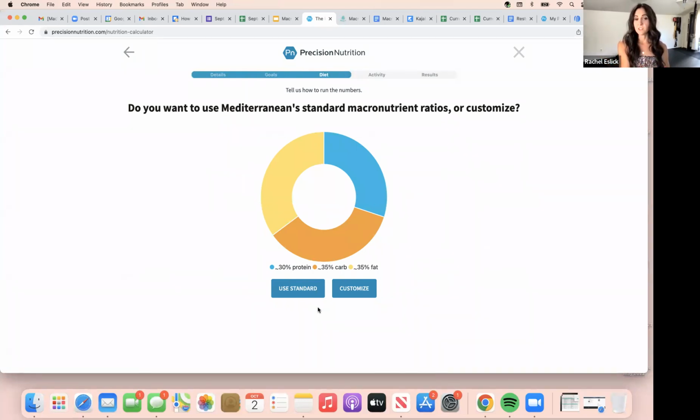If someone was going to select vegetarian, I've actually never selected that myself, but I'm assuming the protein might go down a little bit just because it is really hard to get 30% of all of your calories coming from protein if you're not eating any animals at all. So this is fine. I would say just use standard, unless you're like an extreme special flower, but even I'm not, I just say standard.